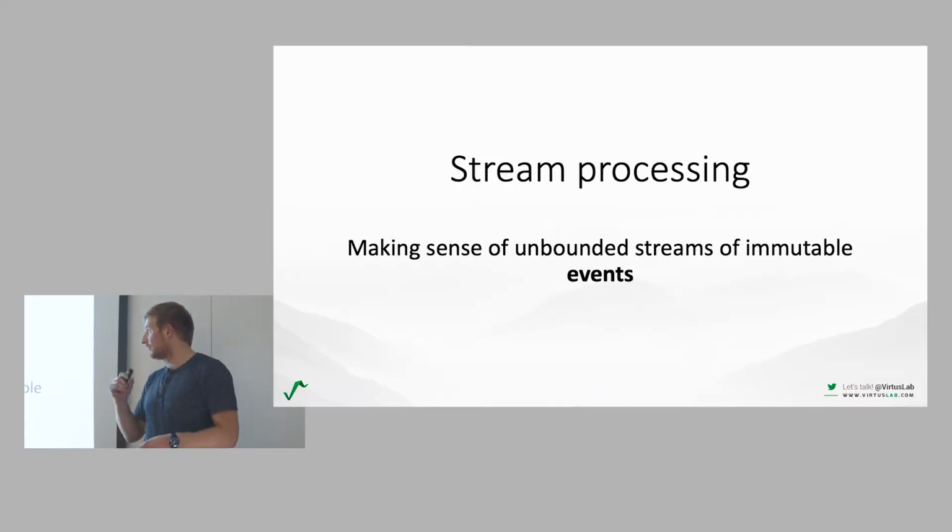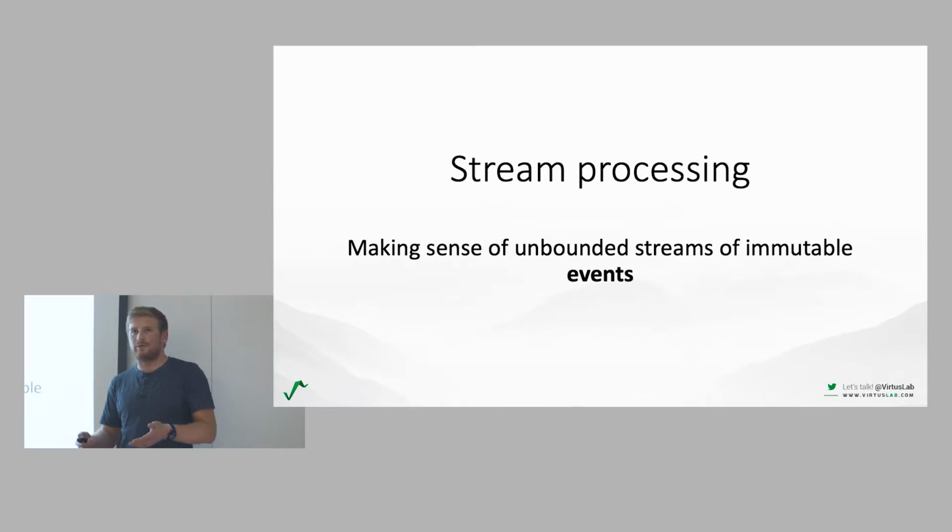Here is where stream processing arises. If I were to summarize it in one sentence, it would be that stream processing is all about making sense of unbounded streams of immutable events. Two keywords here. Unbounded, because as soon as you start processing the data, your login events that we established, they will just never finish.